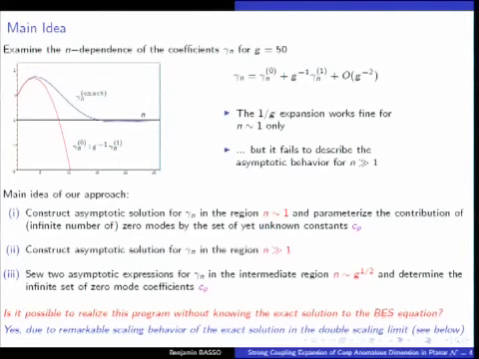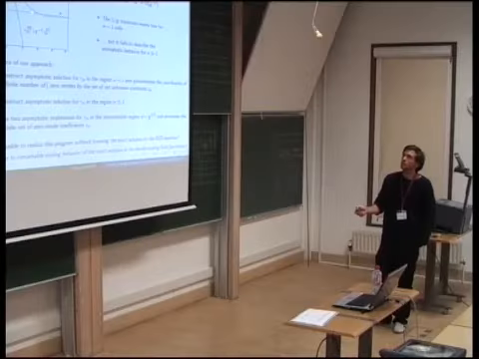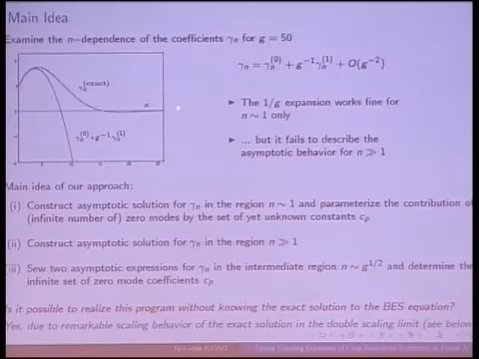This we can do, in fact, because we learn from numerics that the solution has a remarkable scaling behavior that will allow us to control the large n in some sense, as we will see. The large n expansion of the solution in order to select the good one.